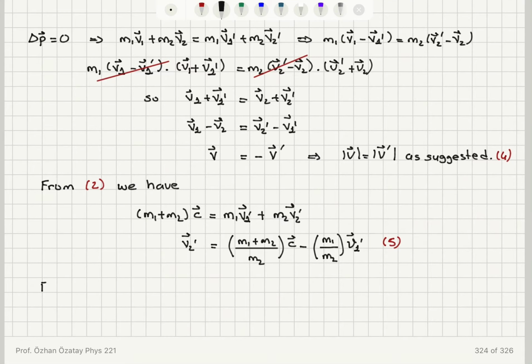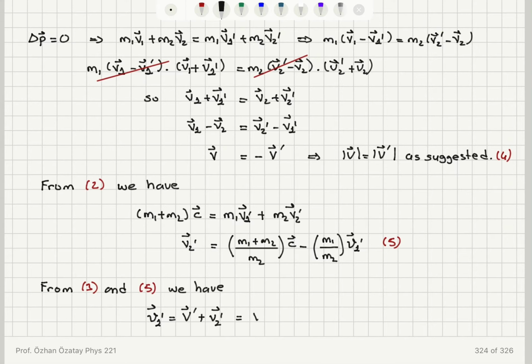so from 3 and equation number 5, we have for v1 prime, capital V prime, which is the relative velocity, plus v2 prime.